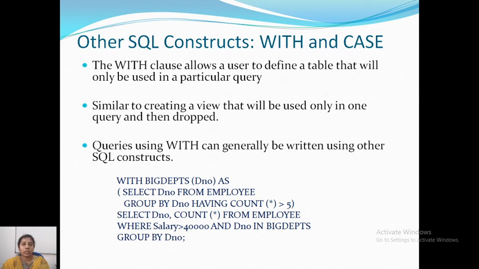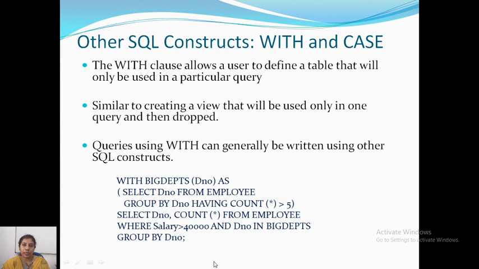Once that query is executed, immediately with the execution of that query, the table will be discarded. It's like a temporary table, but it is used only within that query. After the execution of that query, the table will not exist.